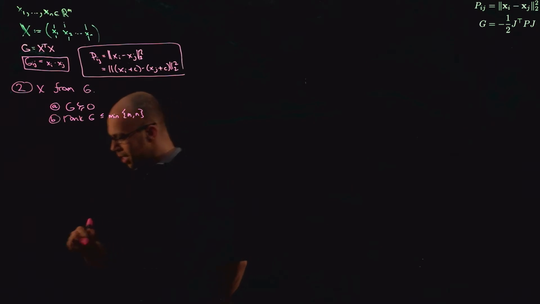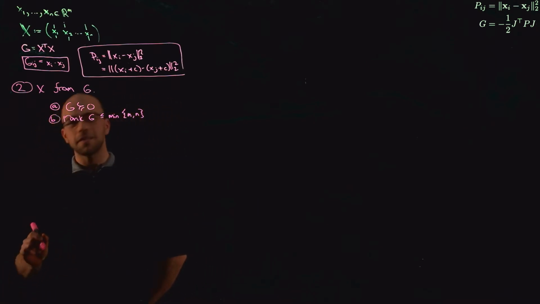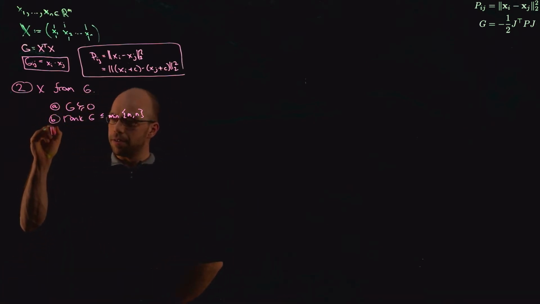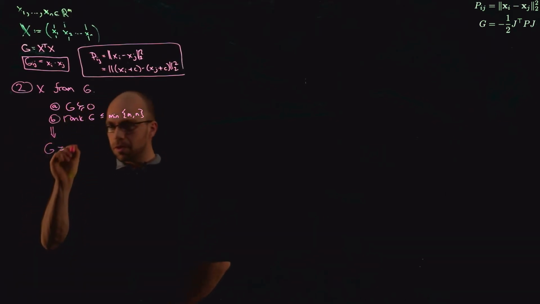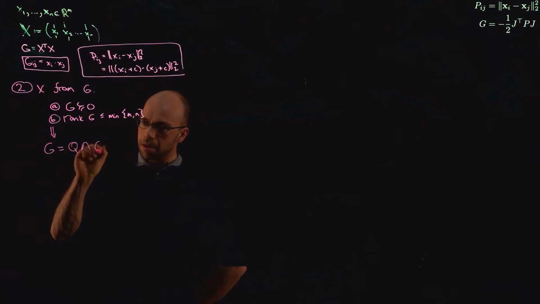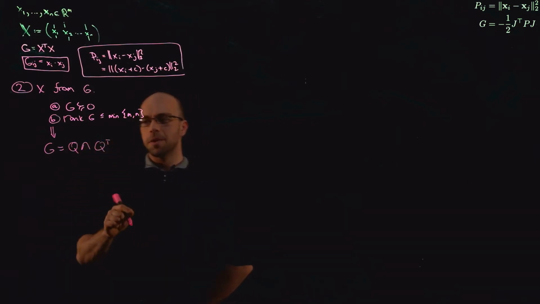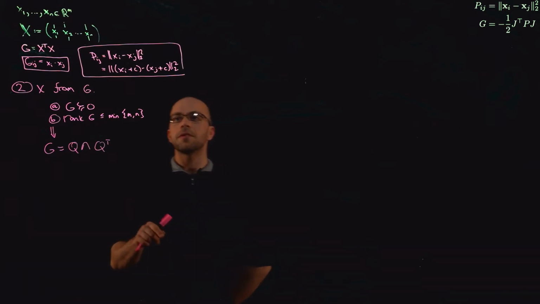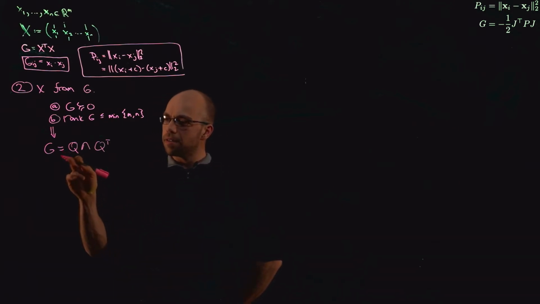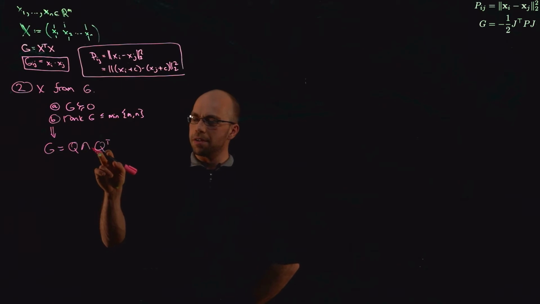So in particular, one thing that I can do is just use eigenvalue factorization here. And I can write G is equal to Q lambda Q transpose. So one thing that I can do is remove 0 eigenvalues. So I don't necessarily have to assume that Q here is square.